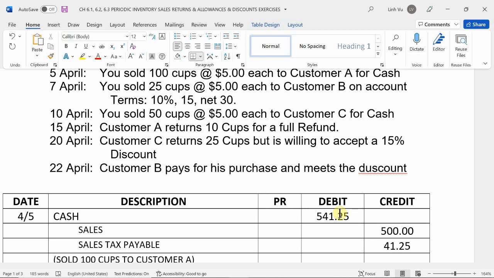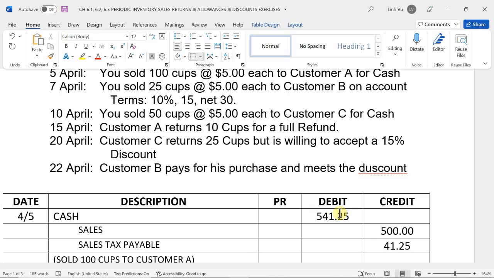So customer C wants to return 25 cups but is willing to accept a 15% discount. They came up to us and said, I want a refund. And we said, no, you missed the company policy. Then they're like, well, I don't need these cups, I don't know what to do with them. So you kindly offer them a 15% discount off of these cups to ensure customer satisfaction.